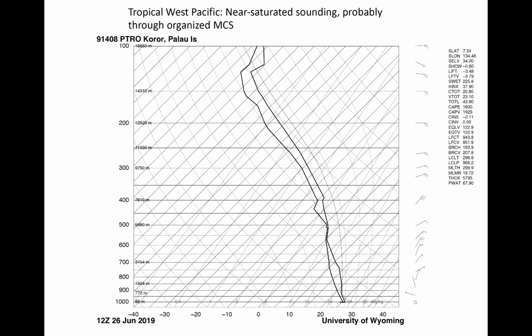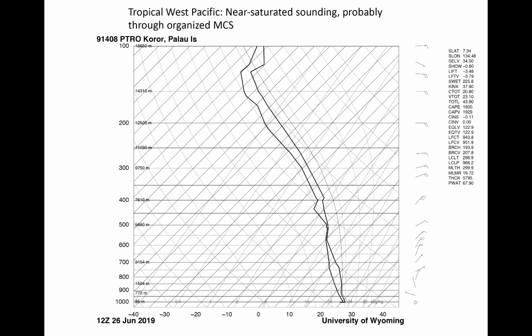Let's look at a few examples of real soundings. In each sounding, the rightmost thick black line represents the temperature, and the thinner black line to the right of that represents a moist adiabat that a parcel would follow if lifted from the surface.